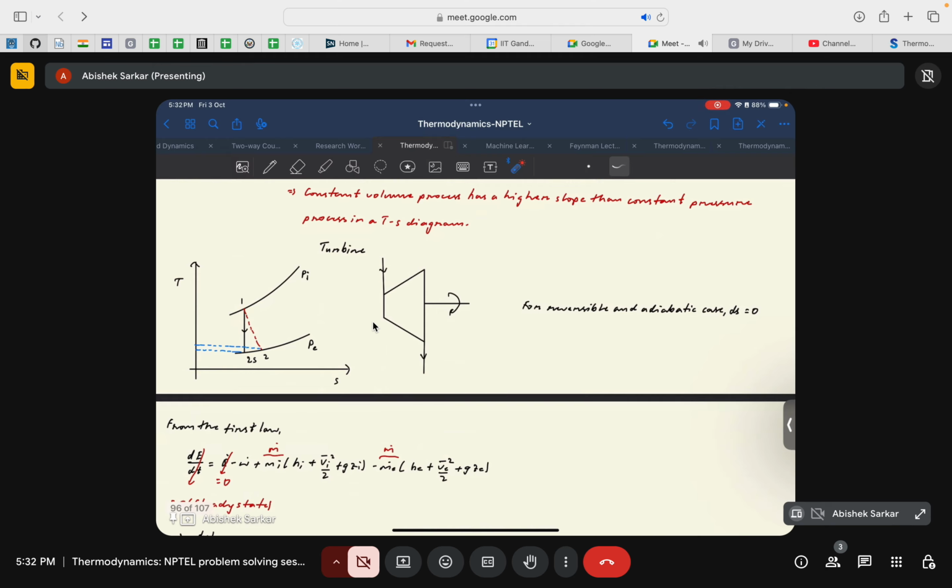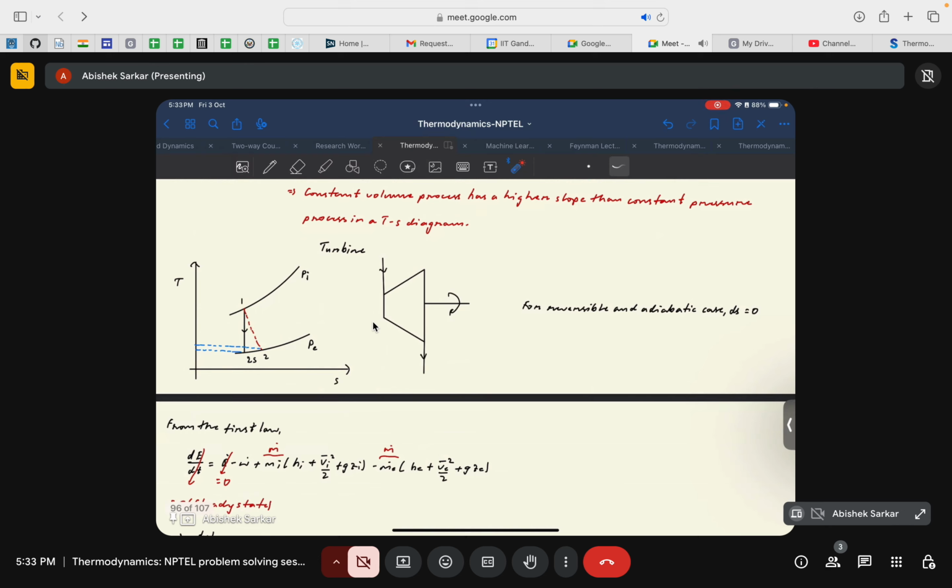But in the presence of irreversibilities, the expansion in the turbine is not isentropic, but is done along an irreversible path as shown by this red dotted line.